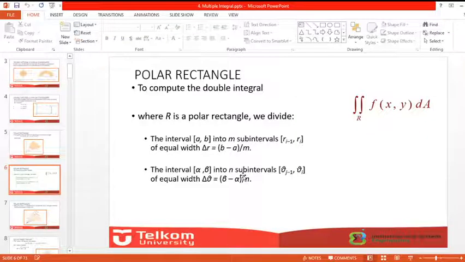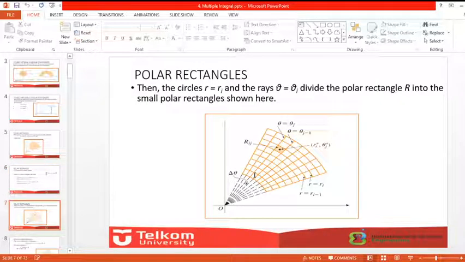So we can determine that delta r is (b minus a) over m, and delta theta is (beta minus alpha) over m. With these intervals, we can determine the unit of the area.